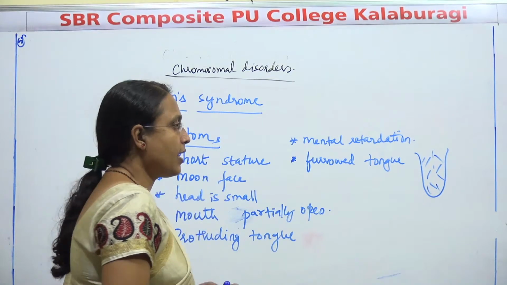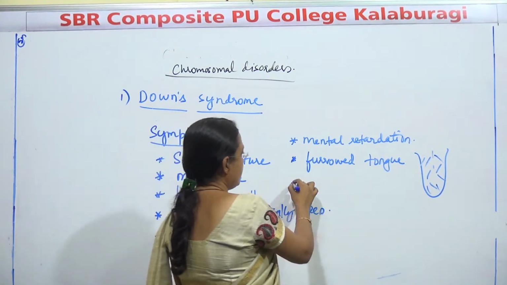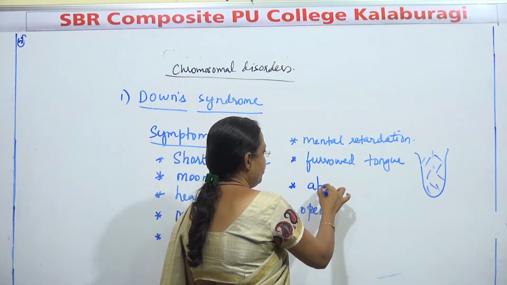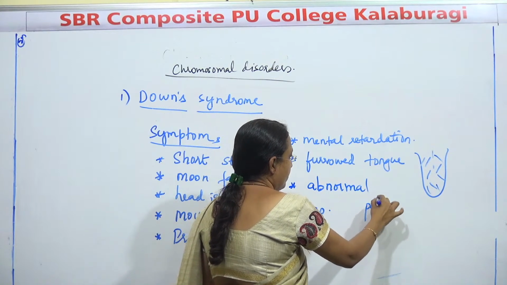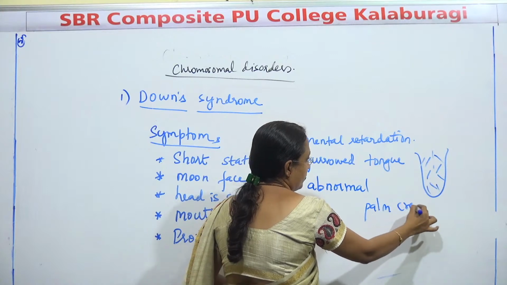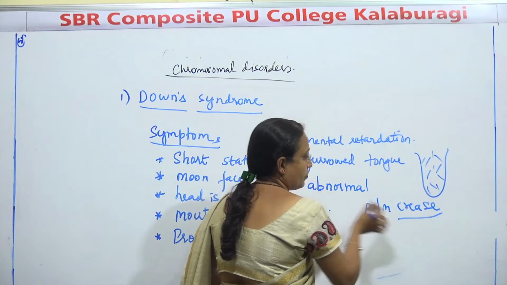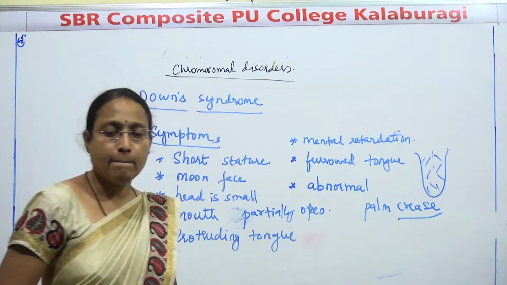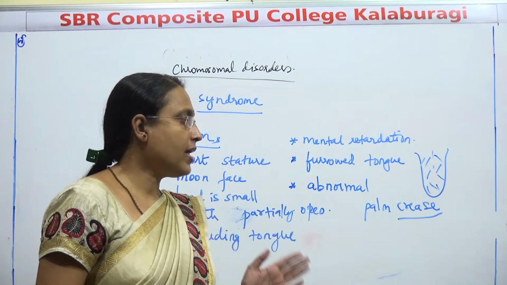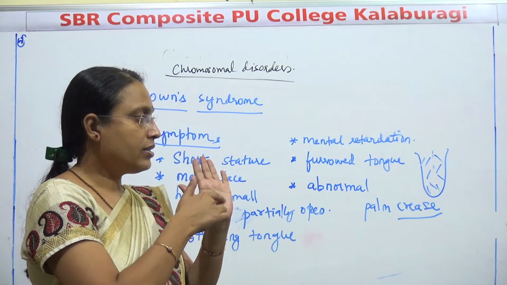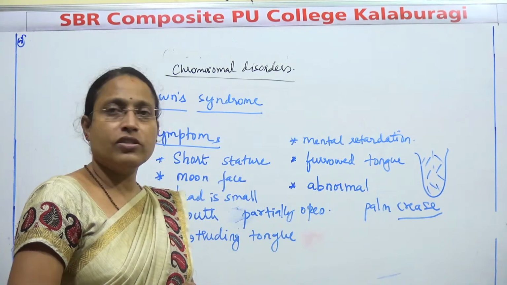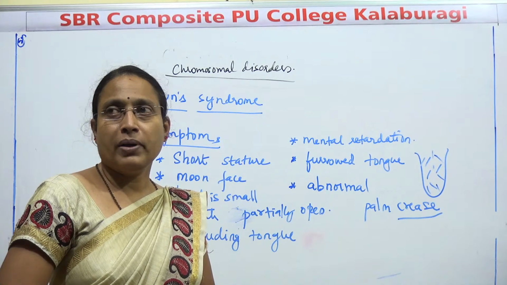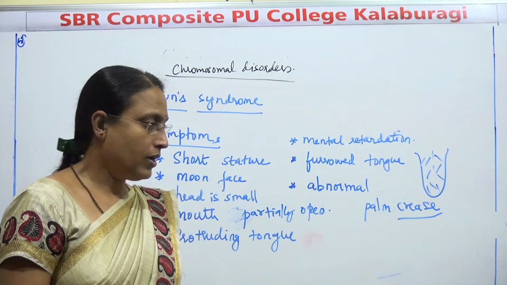And there is an abnormal palm crease. You know that the palm typically has, say, 3 lines. But the palm of Down syndrome will be totally abnormal.